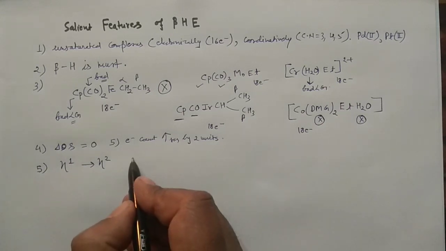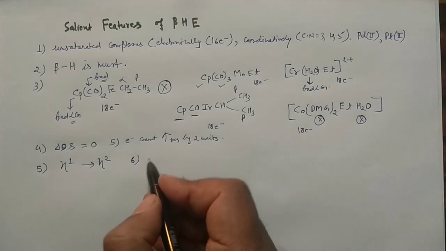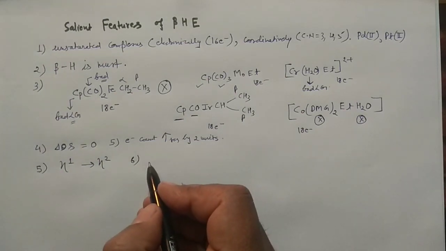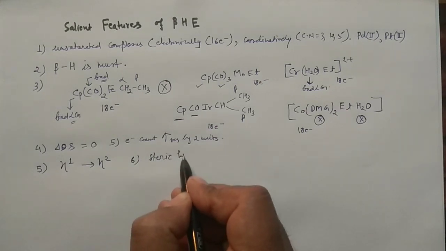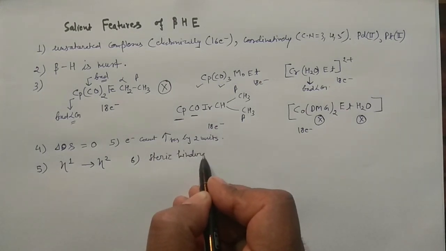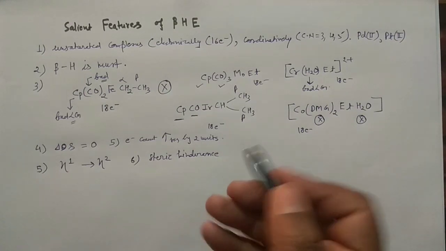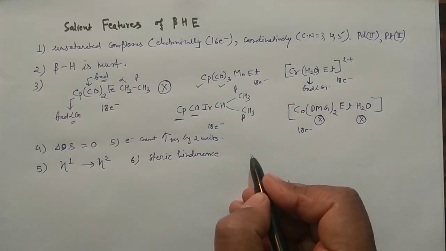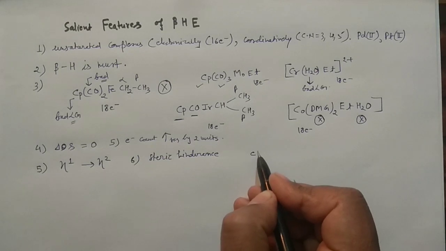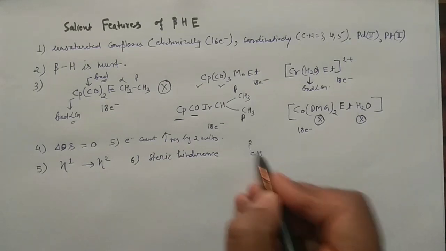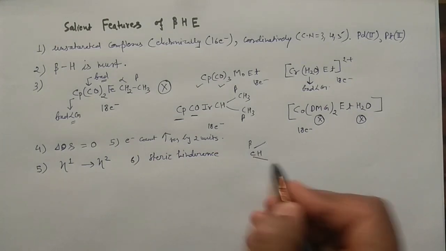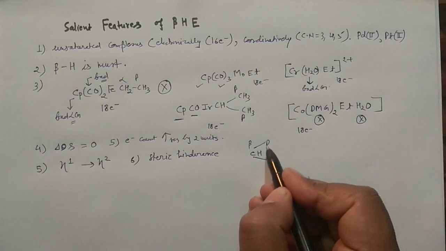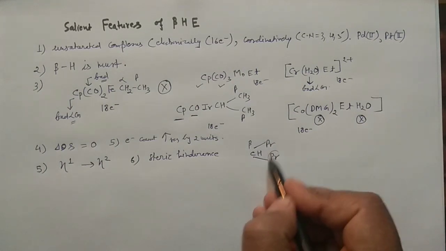Okay, and another important point, which is rather important, guys: steric hindrance. So what is the meaning of that? Say you are having this beta carbon, and it is having this hydrogen as beta hydrogen, and this is more sterically hindered. Like I can put propyl here, I can put propyl here.